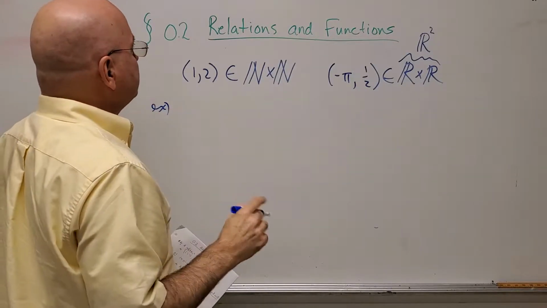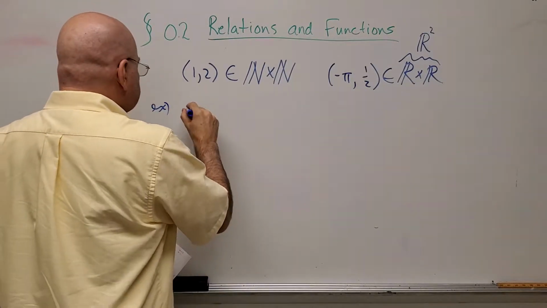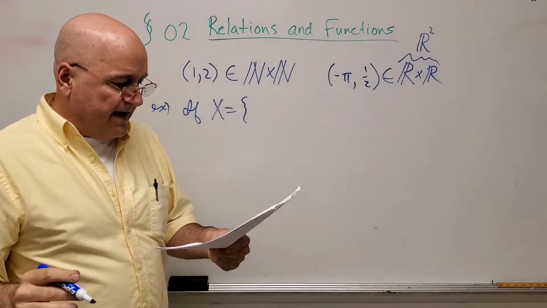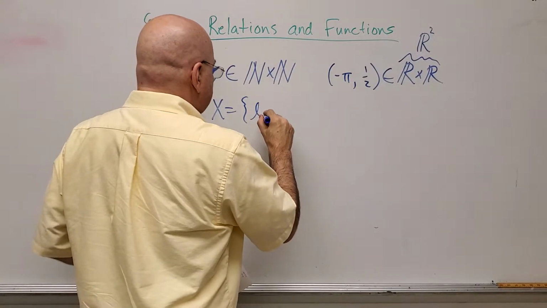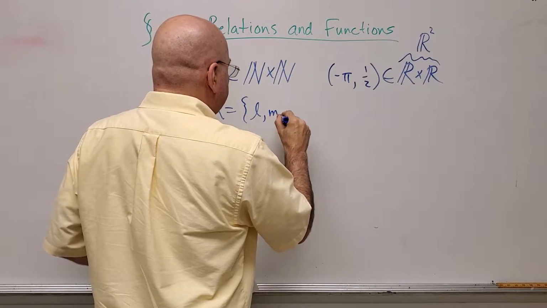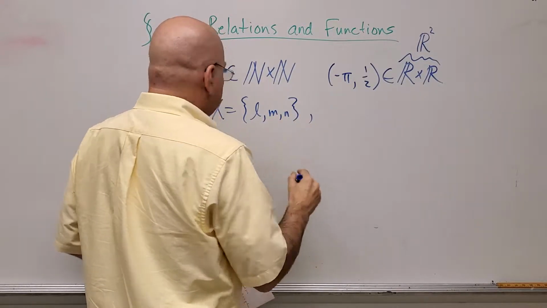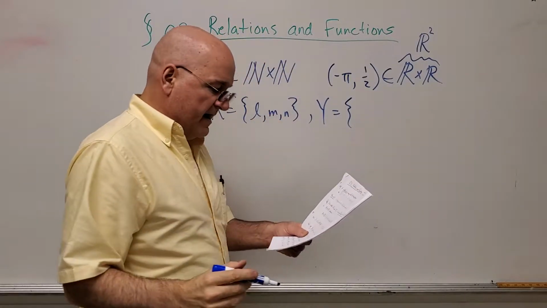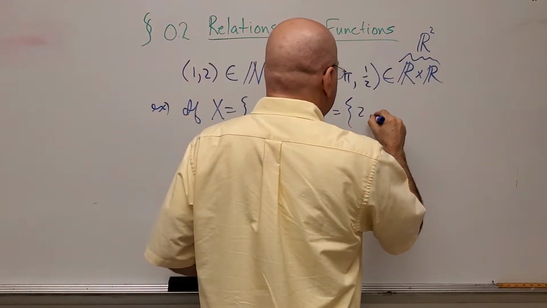Okay, so for Cartesian product, let's say that our set capital X consists of lowercase l, m, and n. And let's say that our set capital Y consists of 2, 3.